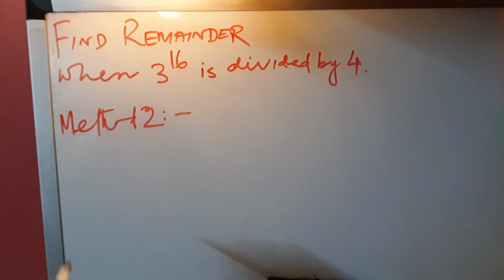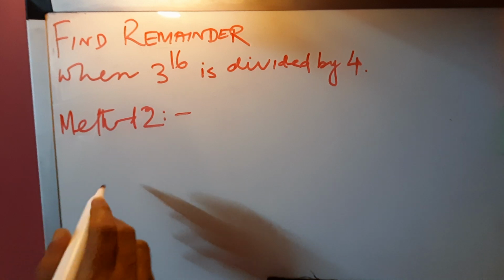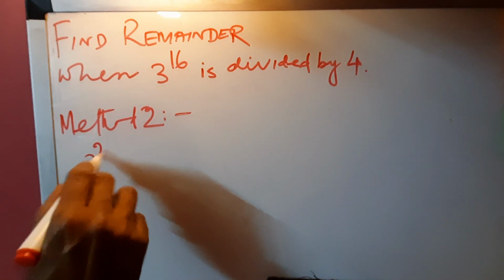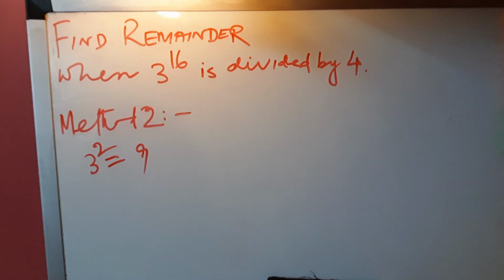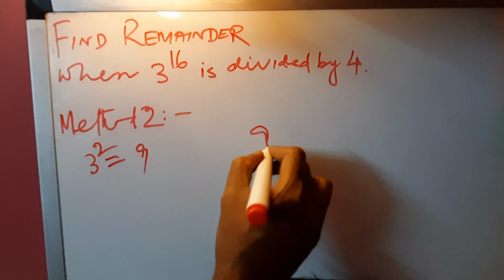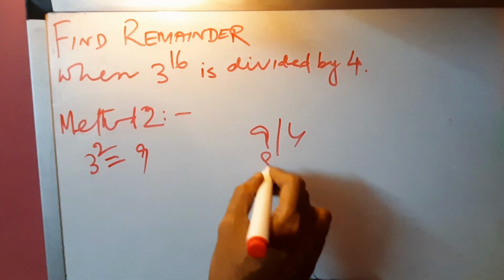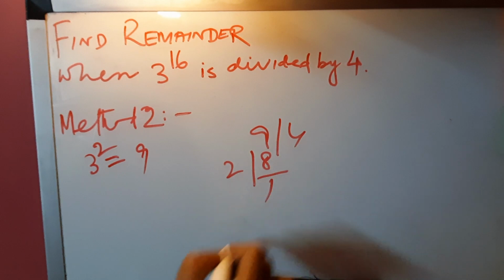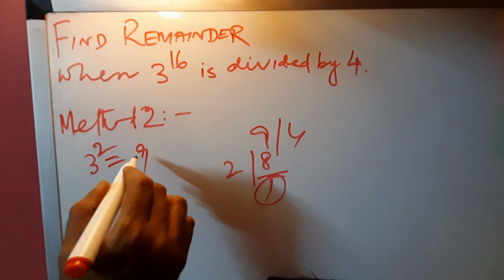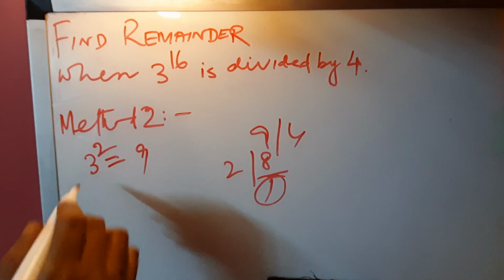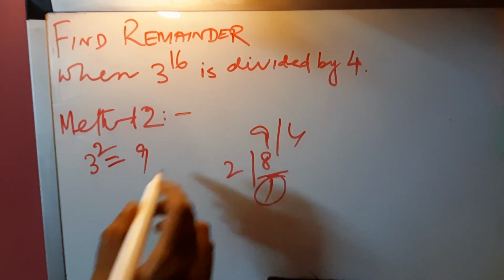So modular method, let's see, 3 square. 3 square equals 9. If we divide 9 by 4, then we will get 1. So that means 1 is the modular value of 3 square divided by 4.